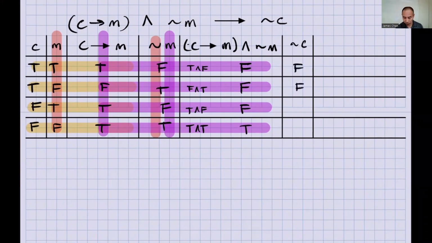False, false, true, true. Then now I can do the whole thing: C and M, and not M, then not C. That's a multiple. So essentially I'm just doing this, yes?